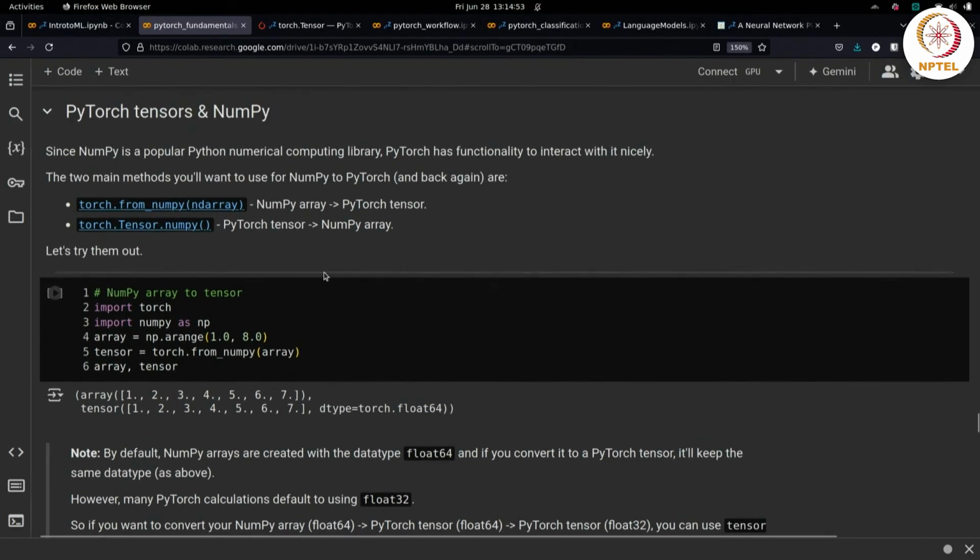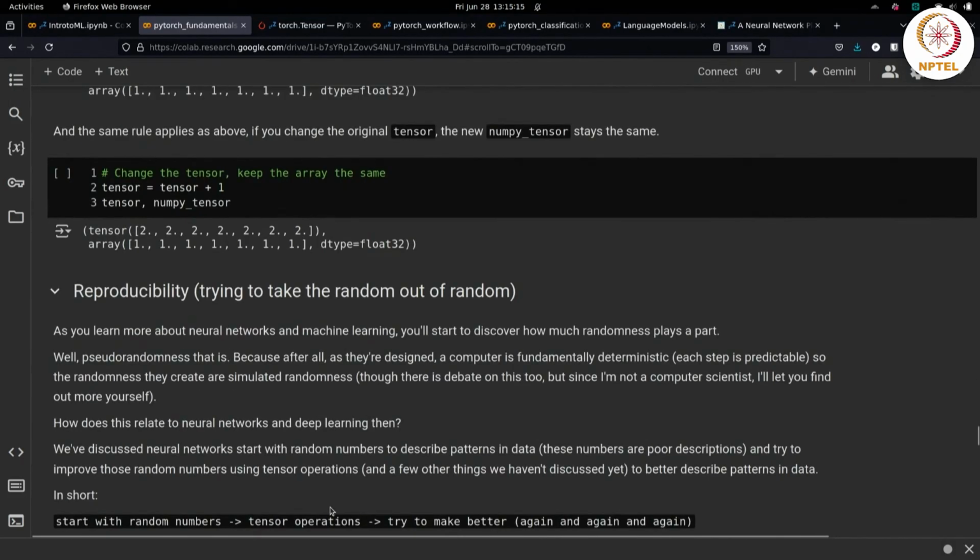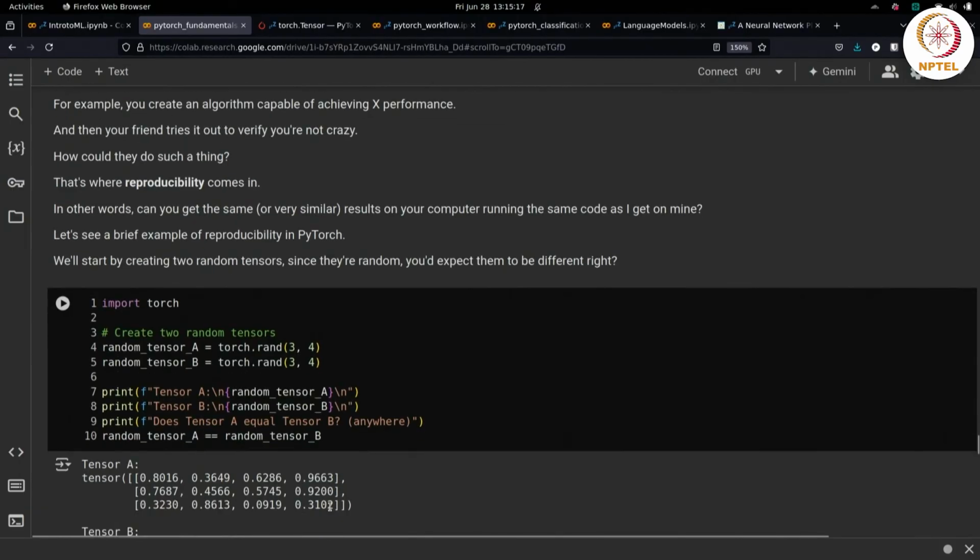Tensors have certain additional attributes associated with them, and if you don't need them, you can pretty much do the same thing with NumPy. So you can convert a tensor to a NumPy array and a NumPy array to a tensor.